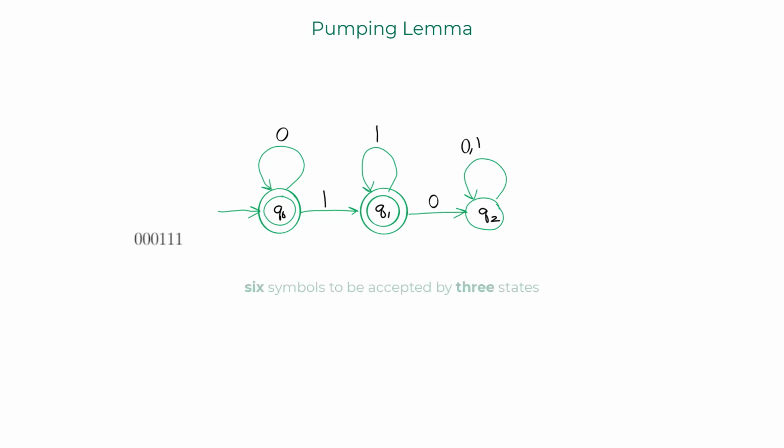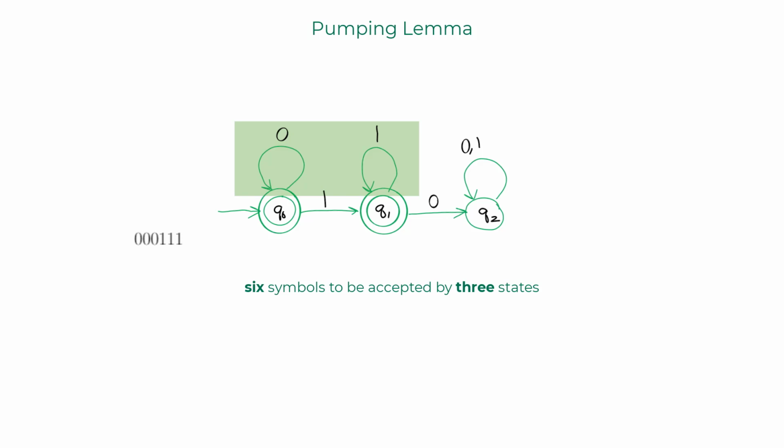Notice that the number of states is lesser than the number of characters in the string. Common sense tells us that a few of these states have to repeat for sure if the string were to be accepted. It is this property we are interested in about a DFA, this pumping property.